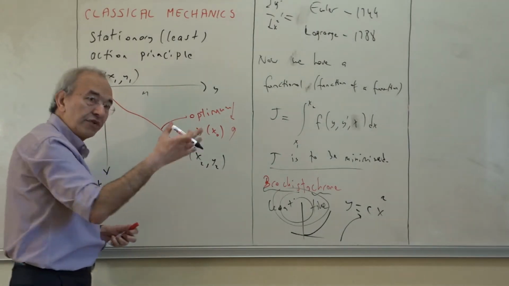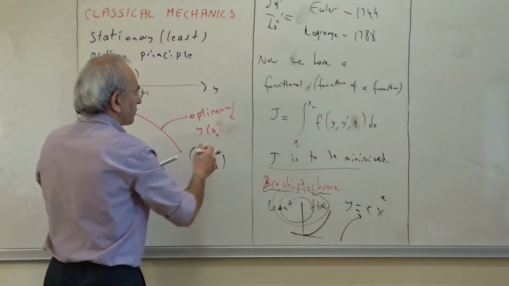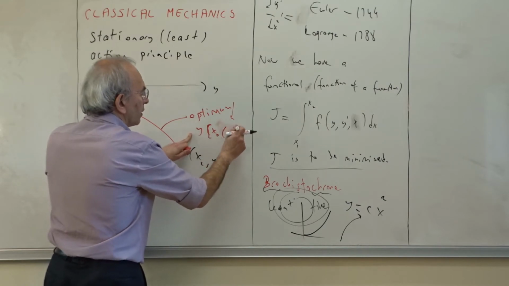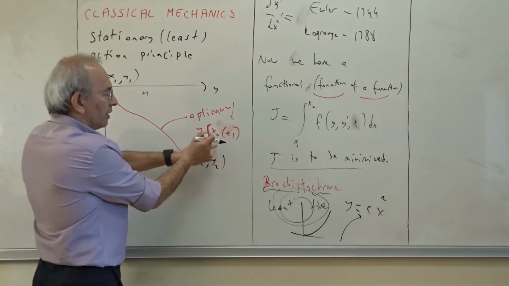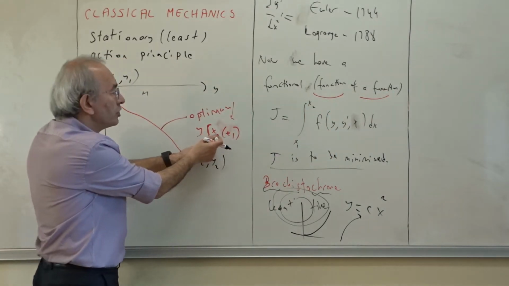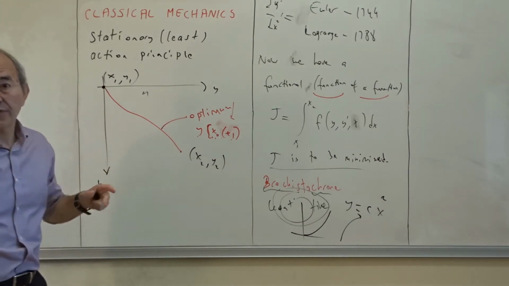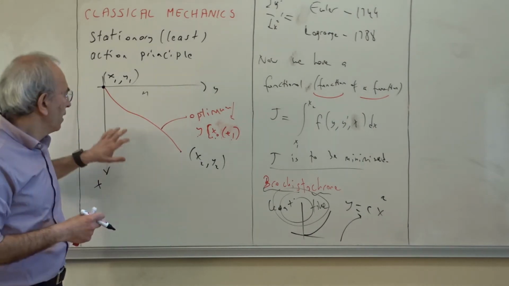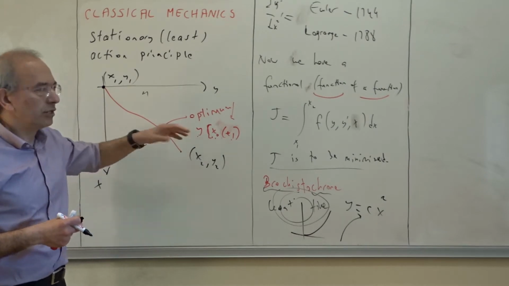Because x0 is a function of time also, it is y of x0 of t. Since it is a function of a function, y is a function of x0, which is also a function of time. So we have, as we will find soon after the derivation, this curve, which is the optimal one.